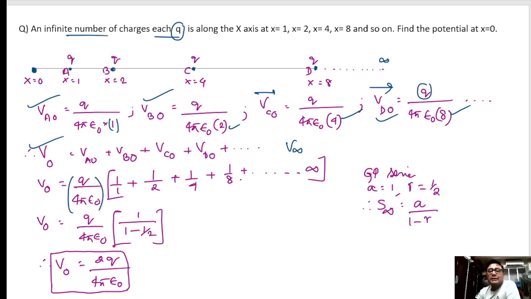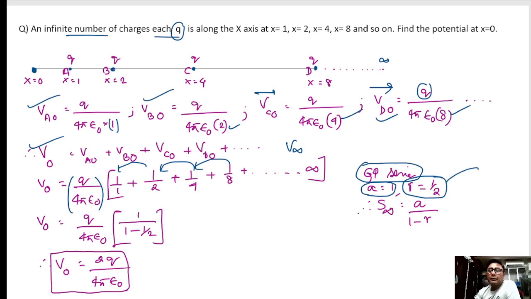Now this is a GP series, because this by this is giving half, this by this is giving half, this by this is giving half. And because it is a GP series and it is a sum to infinity, the formula applies: this is the first term and this is the common ratio.